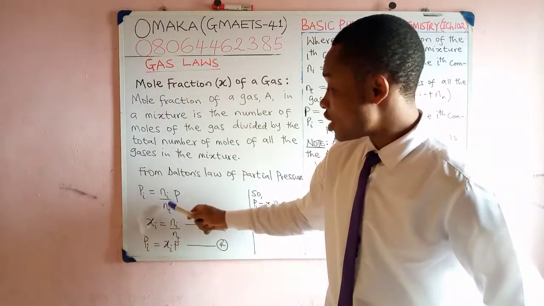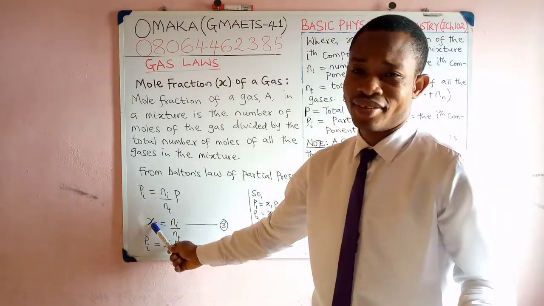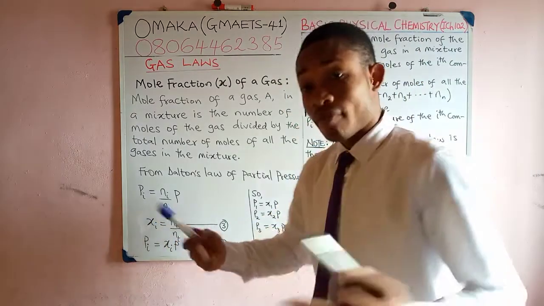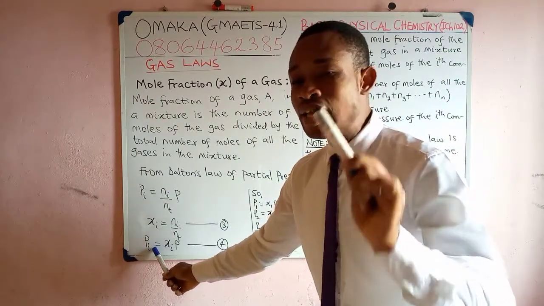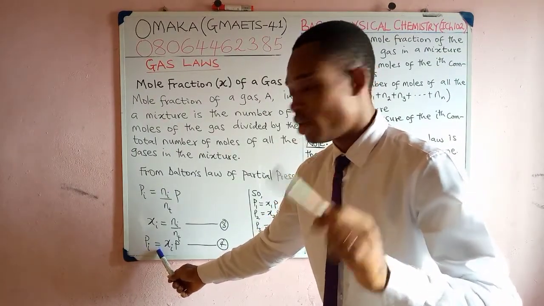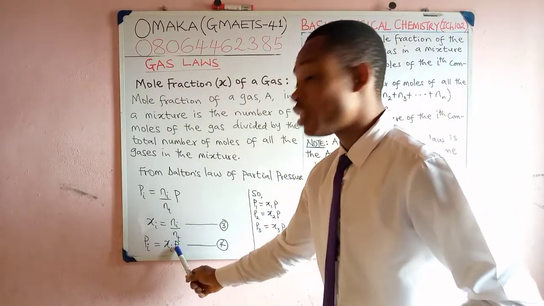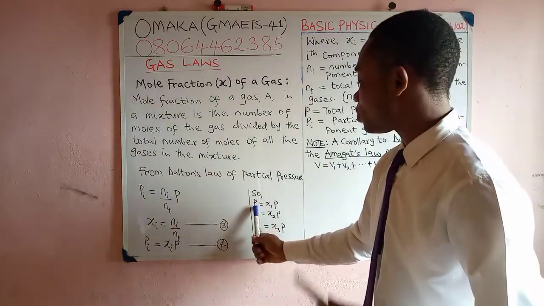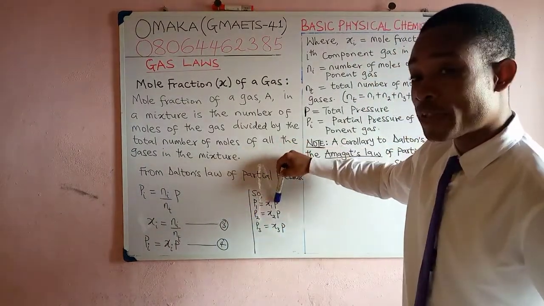It simply means that in place of ni over nT, we can put Xi, because it is equal to Xi, the mole fraction. Therefore, following Dalton's law, we can say that the partial pressure of any gas component is equal to the mole fraction of that gas times the total pressure. Therefore, the partial pressure of gas 1 is the mole fraction of gas 1 times total pressure.